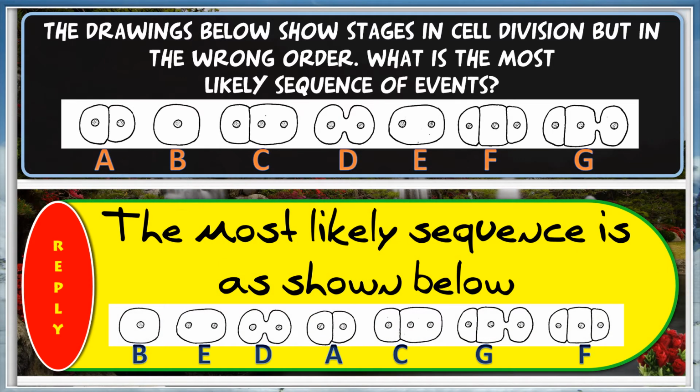The most likely sequence is as shown below. B comes first, followed by E, followed by D, followed by A, followed by C, followed by D, followed by F.